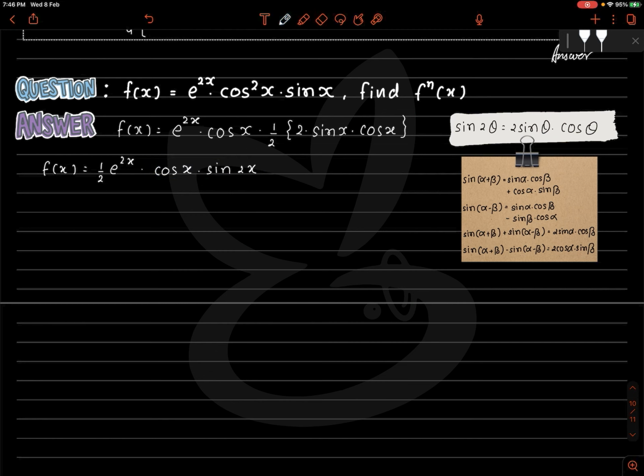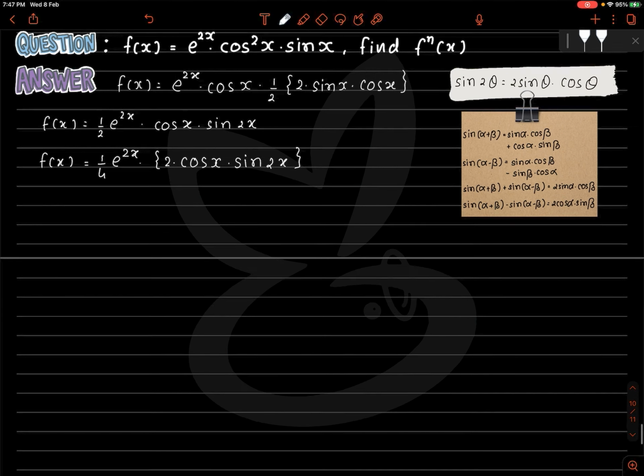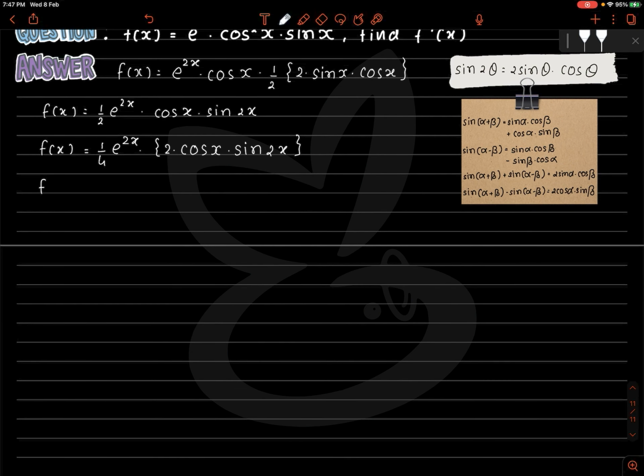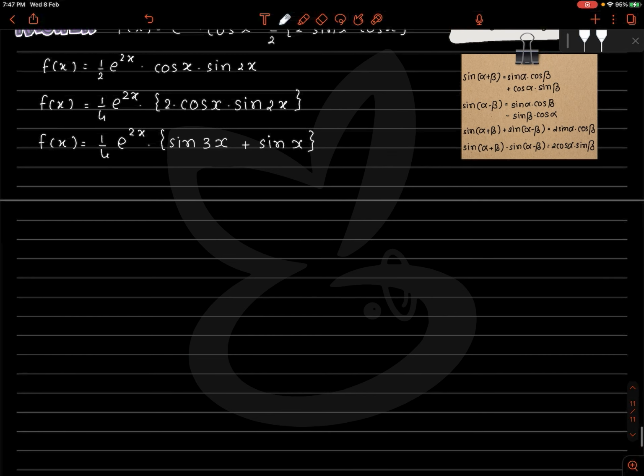We can see here, as cos and sin are multiplied, we can use this formula. Again multiply and divide this by 2. We would get f of x is equal to 1/4 of e raised to 2x into 2 into cos x into sin 2x. This is the formula of sin plus sin. We would get f of x is equal to 1/4 of e raised to 2x into sin 3x plus sin x.